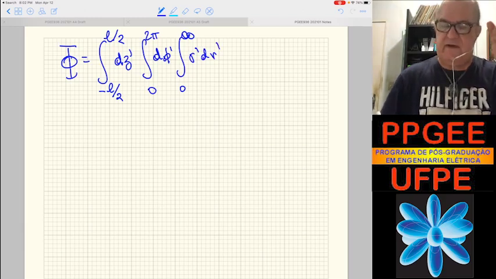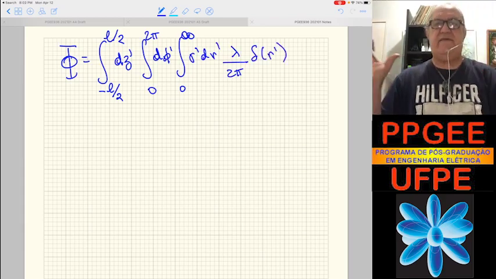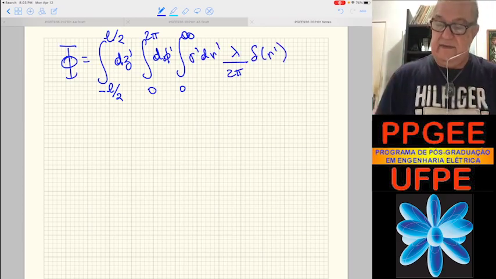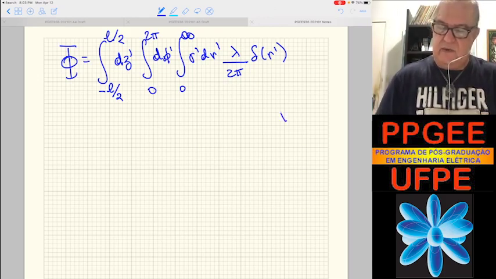Then we have the density function, lambda over 2 pi delta of r prime. Everything here is the density, so we have already written rho and dv prime. We only need to write down 1 over the magnitude of x minus x prime.